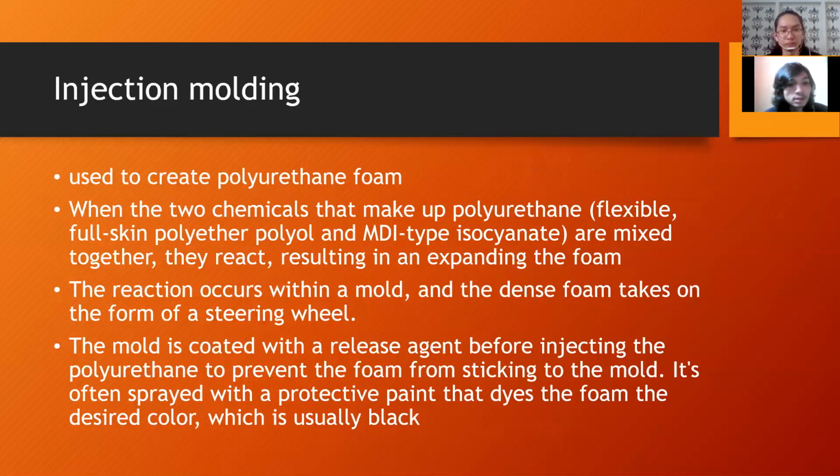The reaction occurs within a mold and the dense foam takes on the form of the steering wheel. The mold is coated with a release agent before ejecting the polyurethane to prevent the foam from sticking to the mold. It is often sprayed with protective paint that dyes the foam the desired color, which is usually black.